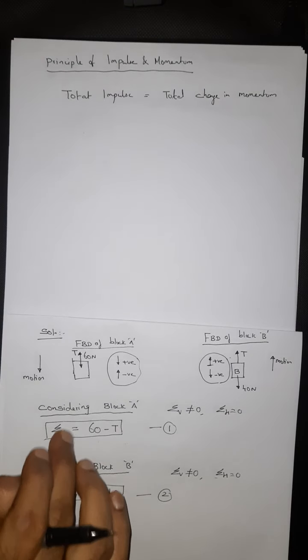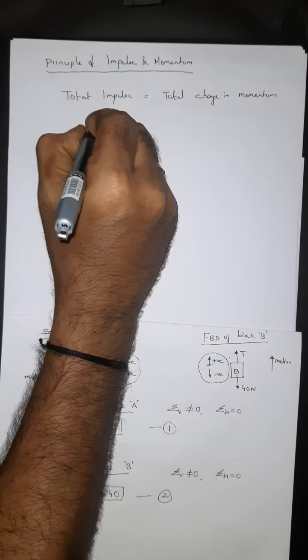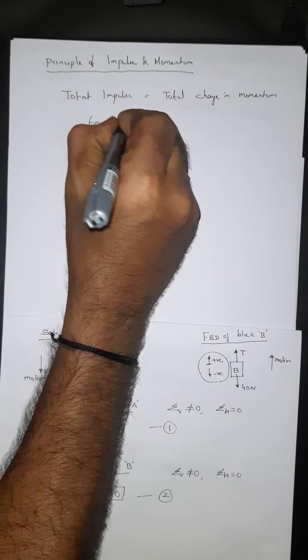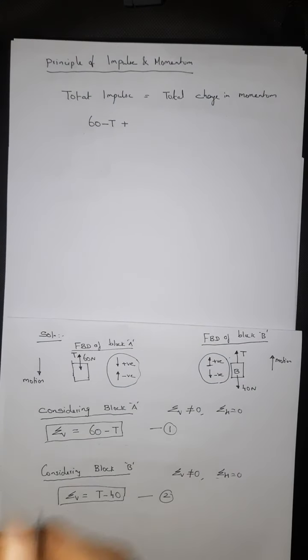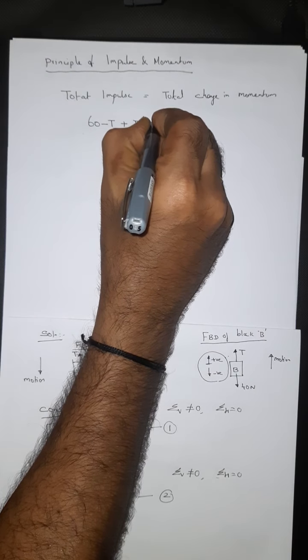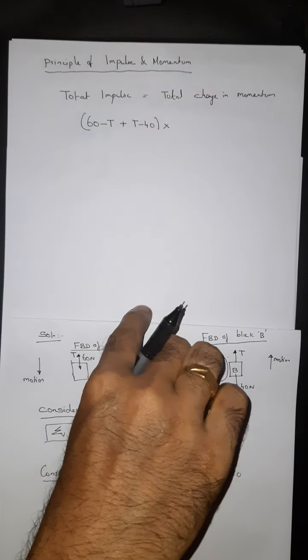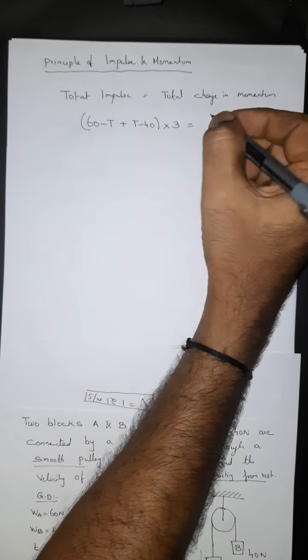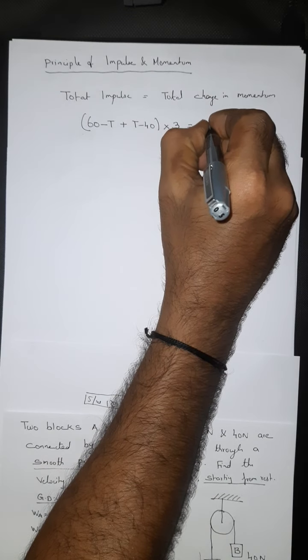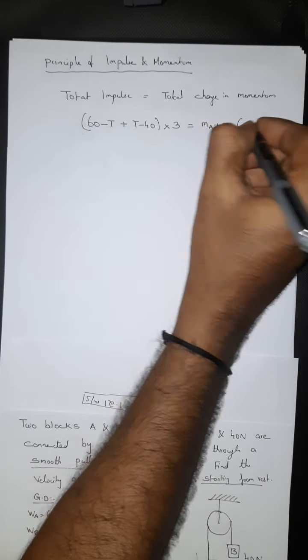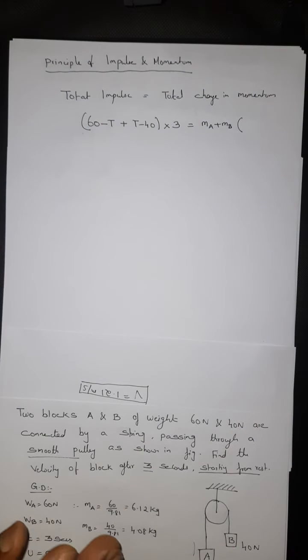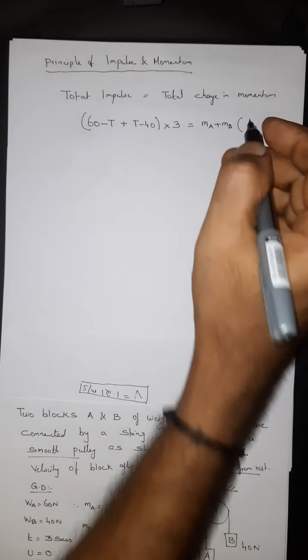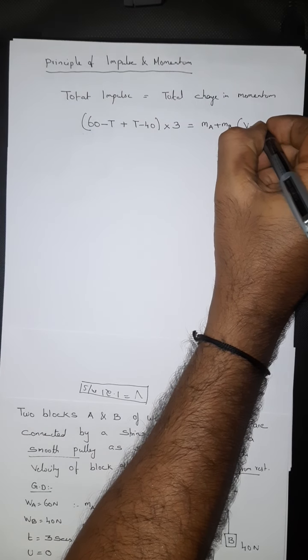So now let me take the force of block A as 60 minus T plus block B, T minus 40, into time. Time value is 3 seconds. And MA plus MB into V minus U.